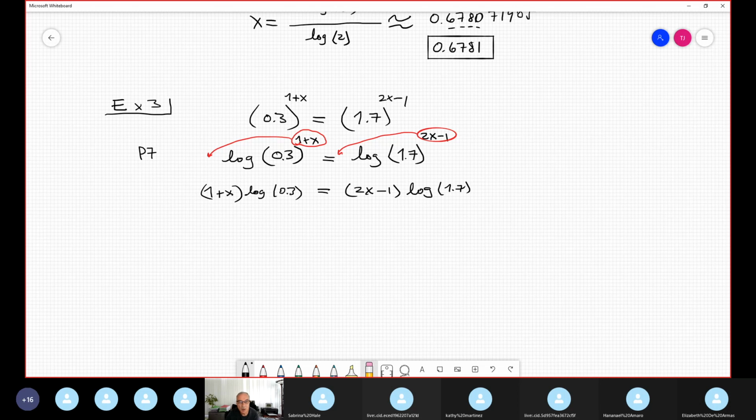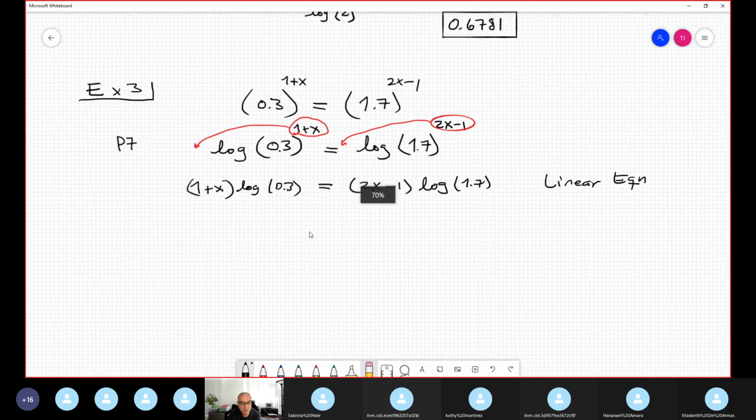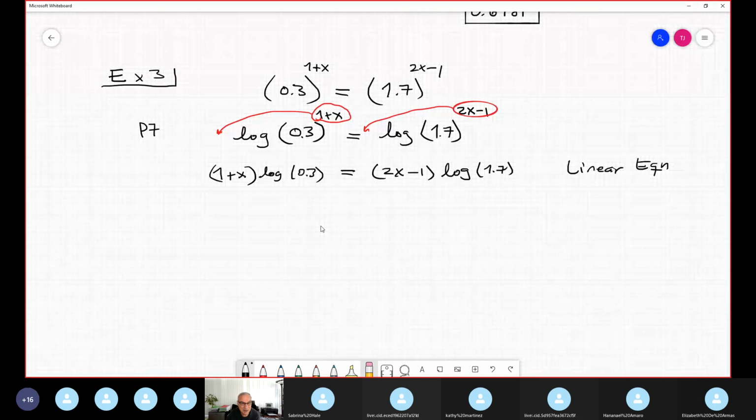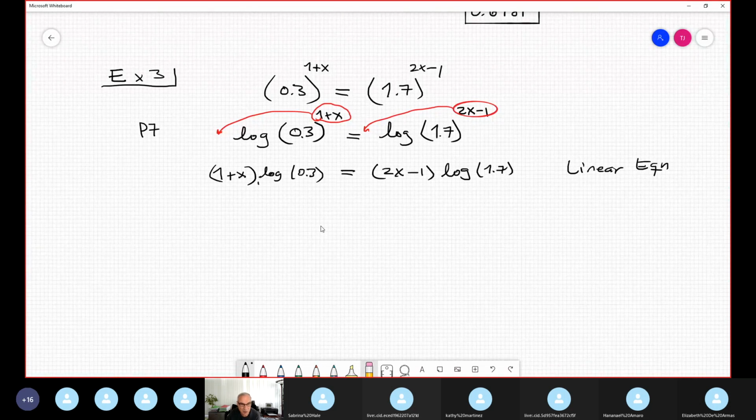At that moment, we have a linear equation, no exponential equation anymore. You proceed exactly the same as we did in intermediate algebra. You remove parentheses, apply the distributive property. This is weird, but it's logical: this is just a number. I multiply by 1, I multiply by x. Then log 0.3 plus x times log of 0.3.